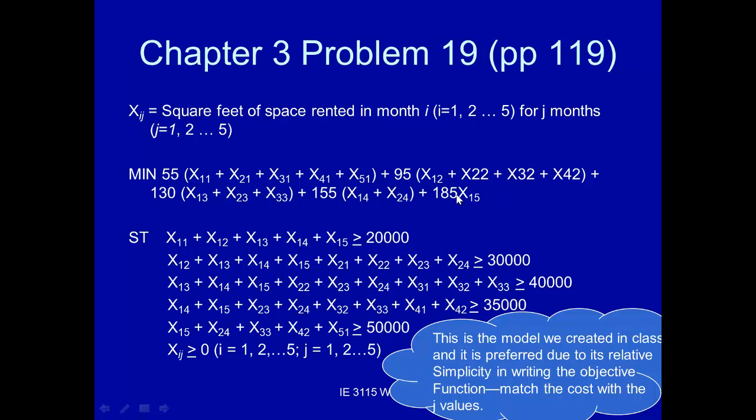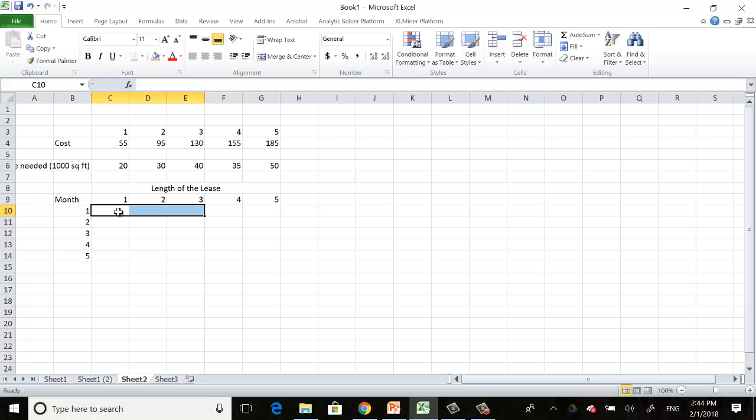Those are the unit lease costs here. Okay, and for each month, those are the requirements. Okay, so I'll ask you to think about this one and design your spreadsheet yourself first. See if there's a good way of designing them. Hope you still have your notes with you.